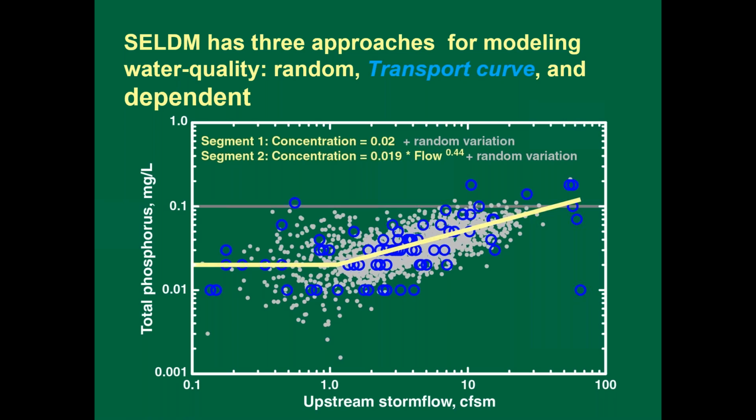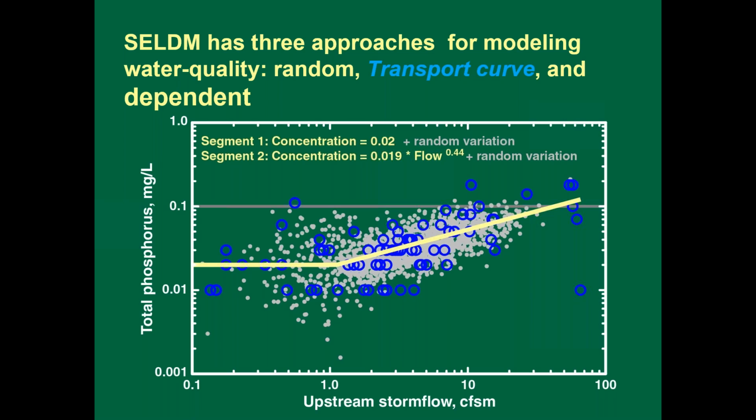What we found is different constituents, like sediment-associated constituents, tend to rise with increasing flows, and things like dissolved constituents that may be from groundwater contributions tend to be diluted by increasing flows.